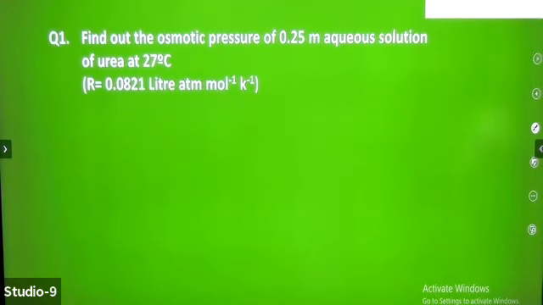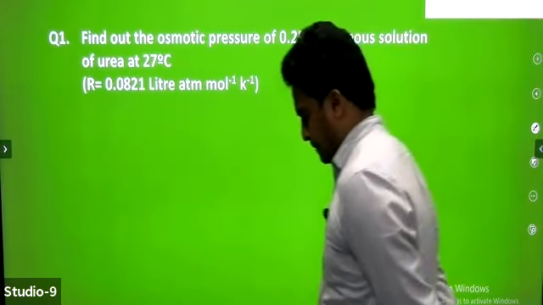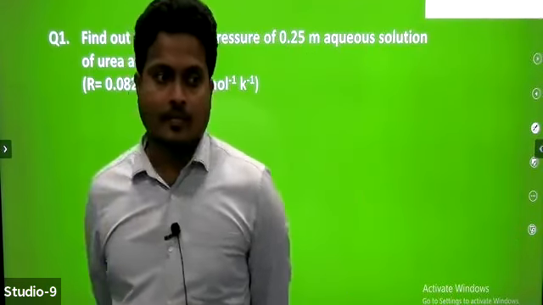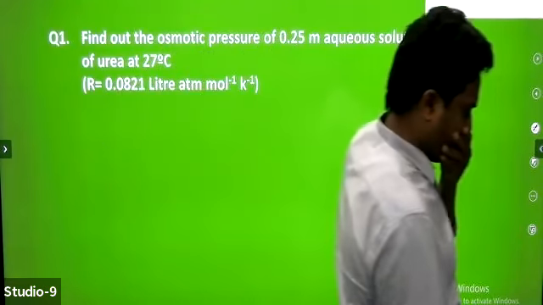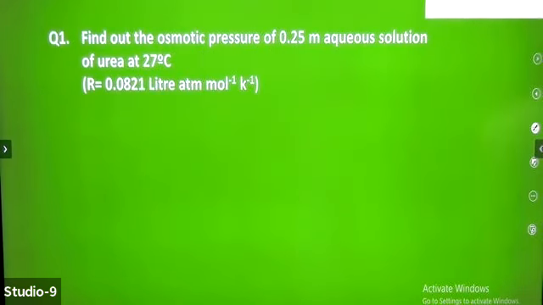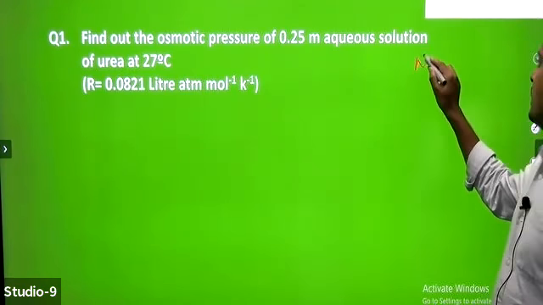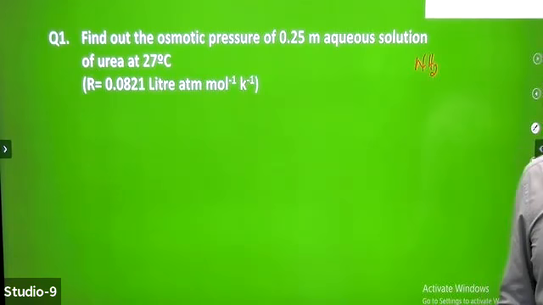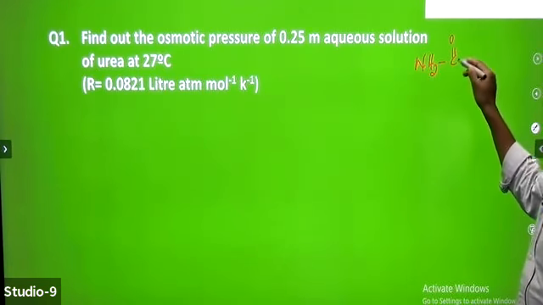Which formula should you use? Urea formula NH2CONH2, N2H4CO. Molecular mass 60.